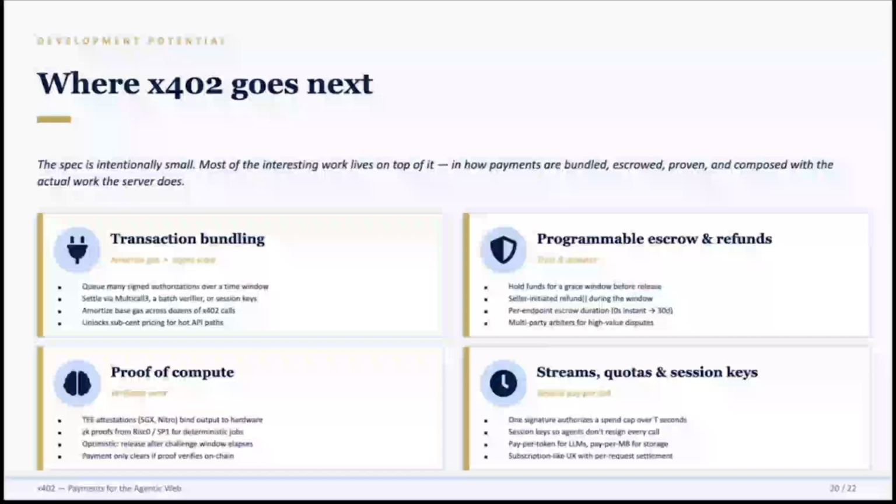This even goes back to the wallet issue. If you have a server or facilitator where you basically hold keys, there's a whole section of how we separate the agent keys from the server itself, or how we make sure we can provide refunds when the API response is not good.